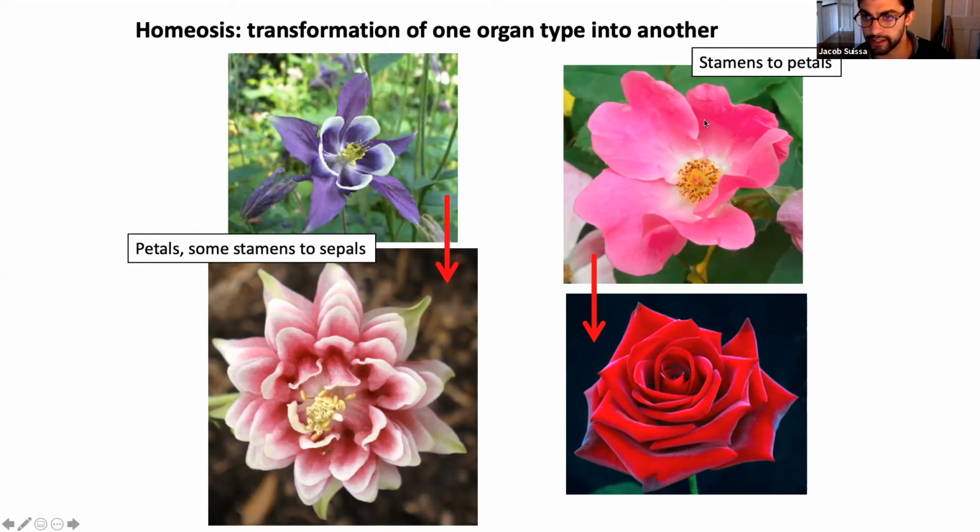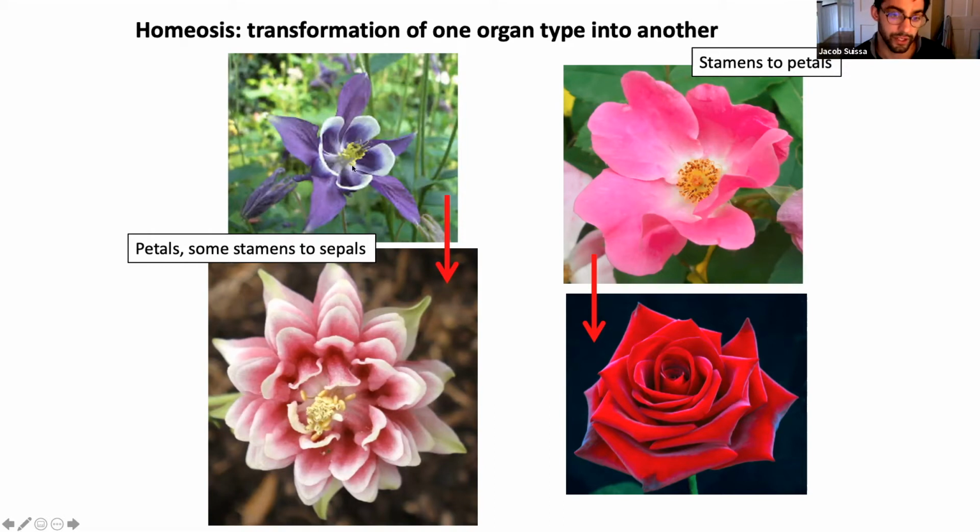Like I said, this is a naturally occurring wild rose variety, I think probably Rosa rugosa. And you can modify the stamen whorls to become petals. That's just a simple change in gene expression.